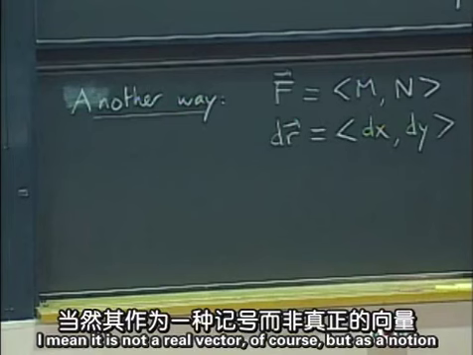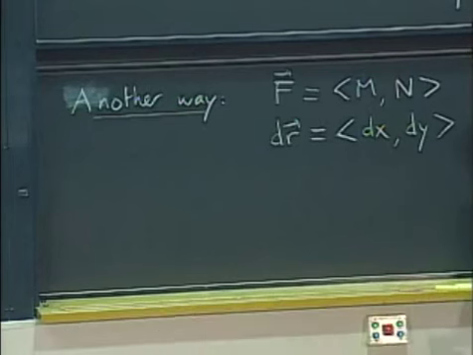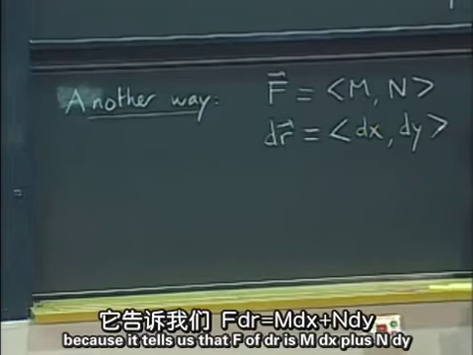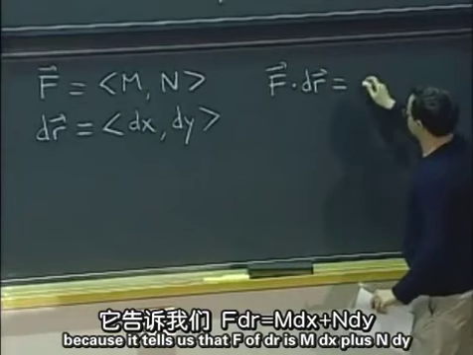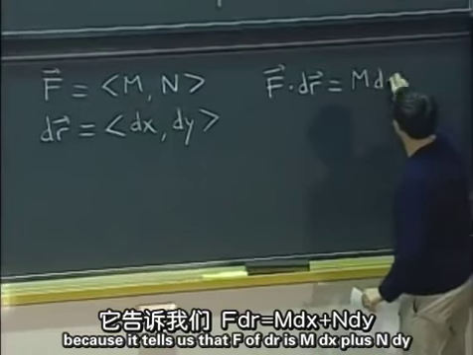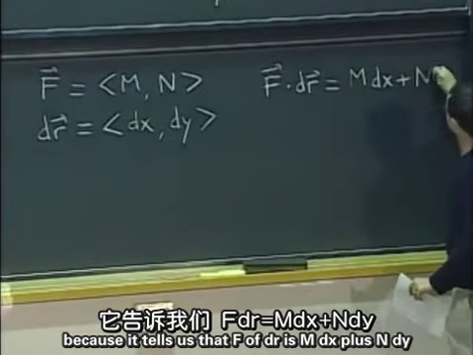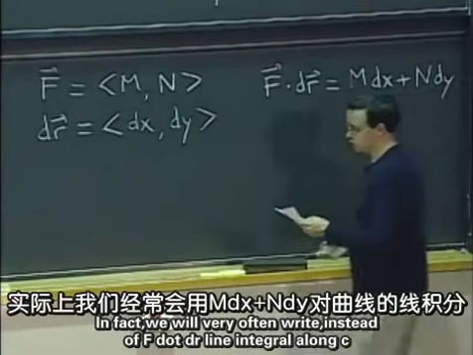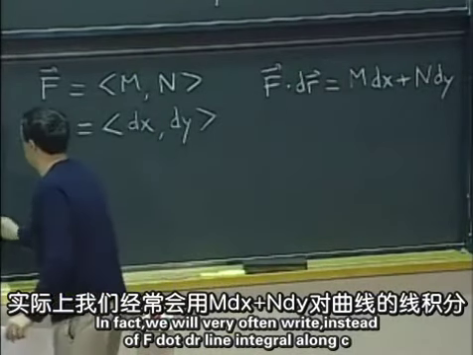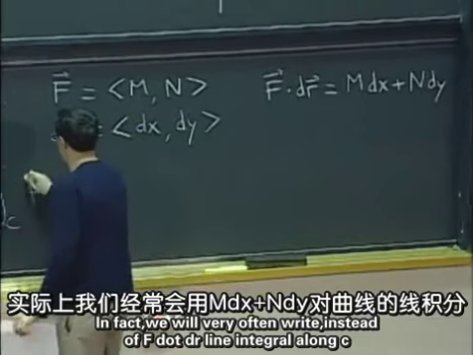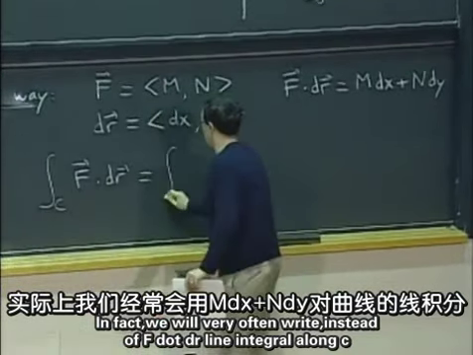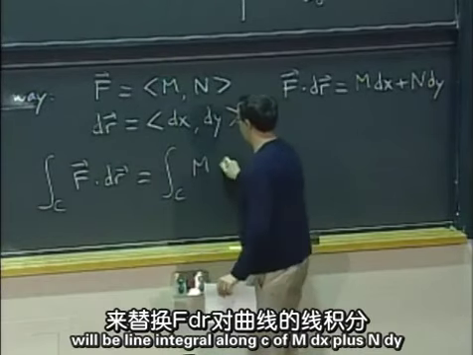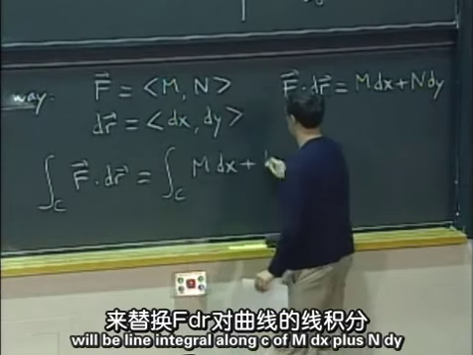It's not a real vector, of course, but as a notation, it's pretty good because it tells us that F dot dr is M dx plus N dy. So very often we'll write, instead of the line integral along C of F dot dr, the line integral along C of M dx plus N dy.